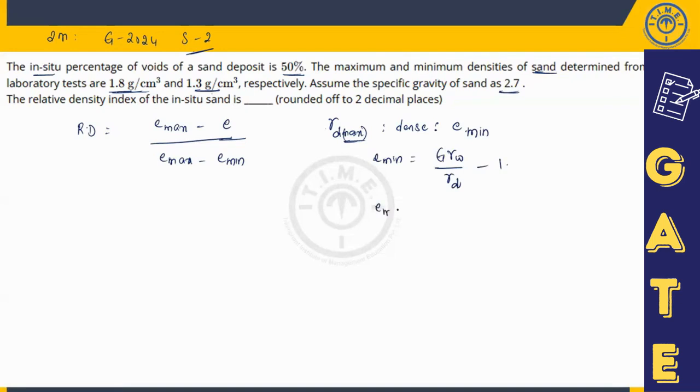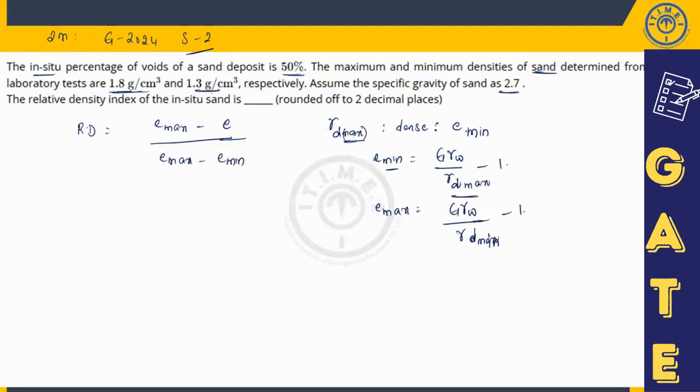And similarly, e maximum is equal to G gamma W by gamma D minimum minus 1, because void ratio will be maximum in the loosest state, and loosest state means dry density will be minimum.